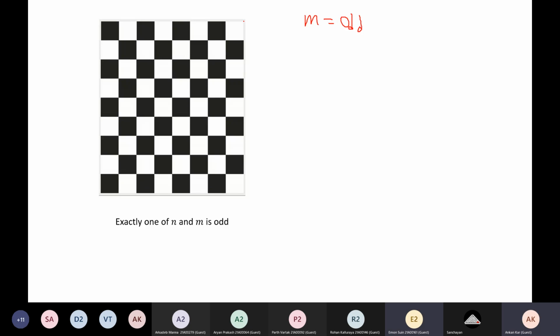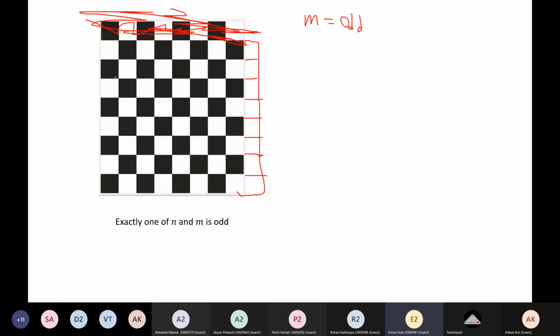Take this one out of the picture. This is your picture. Now tell me what you are doing. We are calling this part m, and the total column will be called n.